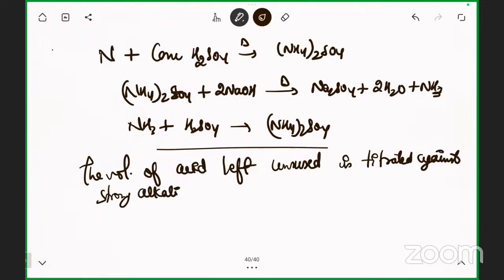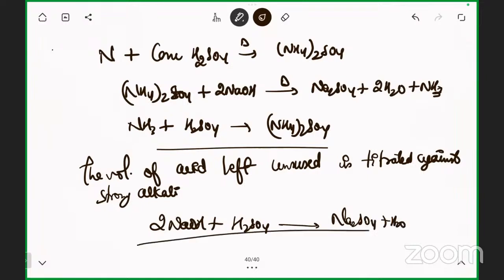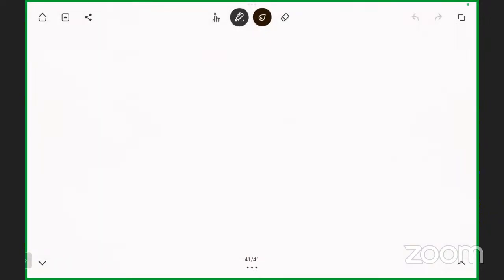We'll do the titration against the alkali, that is base. For example, H2SO4 is remaining in the reaction, and it will react in the titration with the NaOH, forming Na2SO4 plus H2O. So this is a particular way. That's not quite important, but the numerical of this is important.